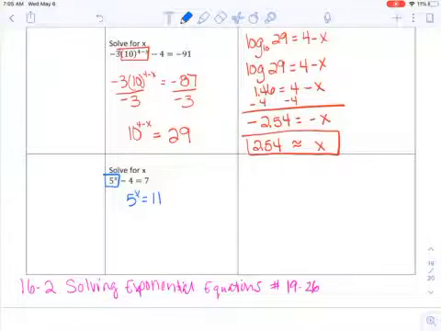So again, I'm going to use logs. So turn it into log form. Okay, and so in log form, I get log base 5 of 11 equals the exponent. My base is 5, so I can't just plug straight into my calculator as is. So use secret of the universe and switch it around.